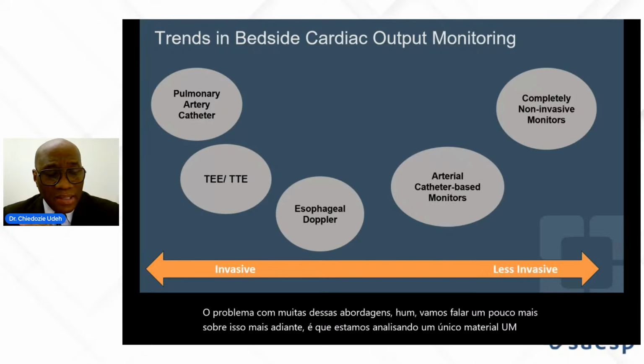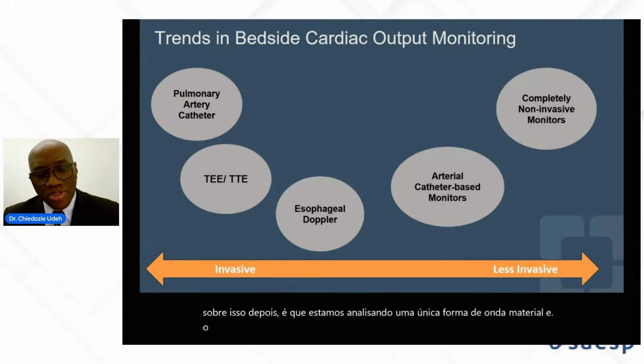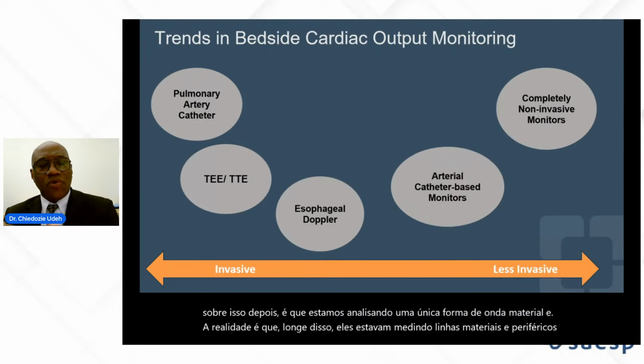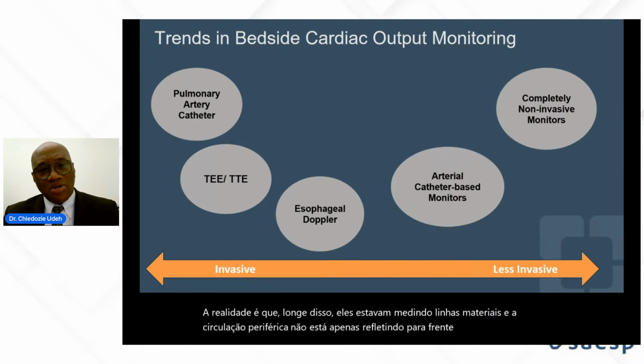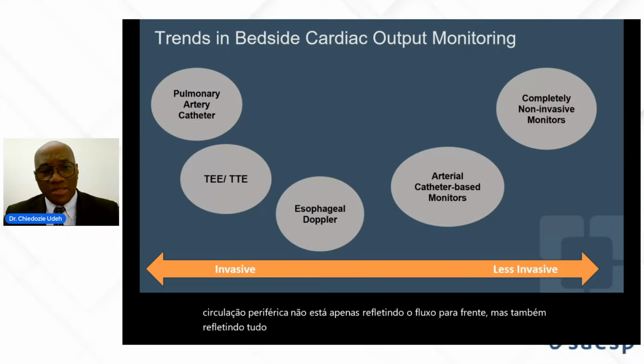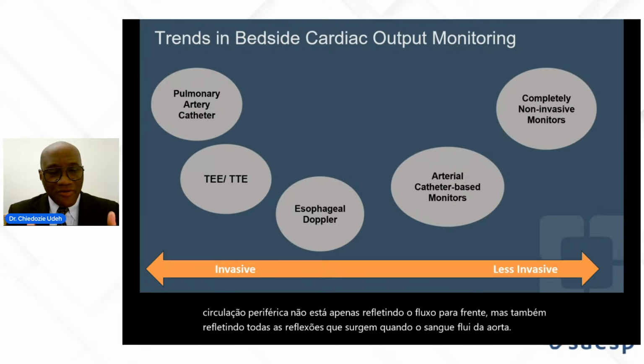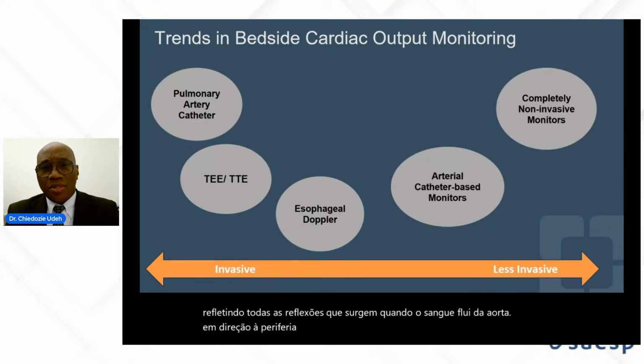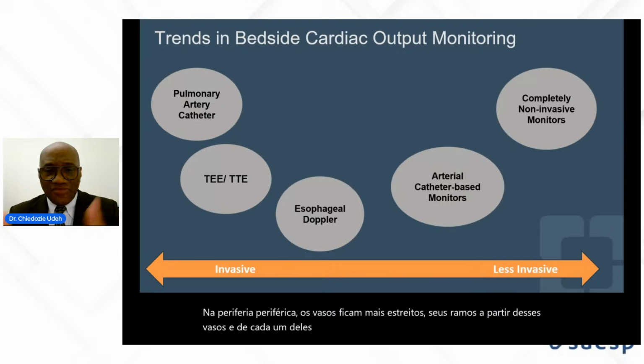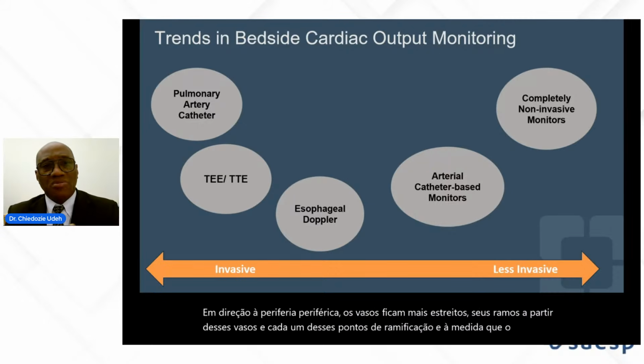And the reality is that the waveform that we're measuring from arterial lines in the peripheral circulation is not just reflecting forward flow. It's also reflecting all the reflections that come as the blood flows from the aorta towards the periphery. The vessels get narrower. There are branches from those vessels, and at each of those branch points, and as the vessels get narrower, you begin to get reflections from those waves.